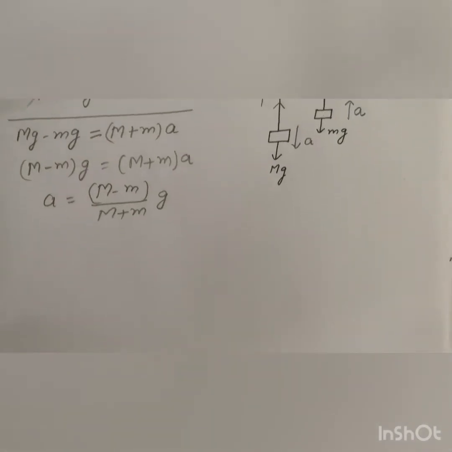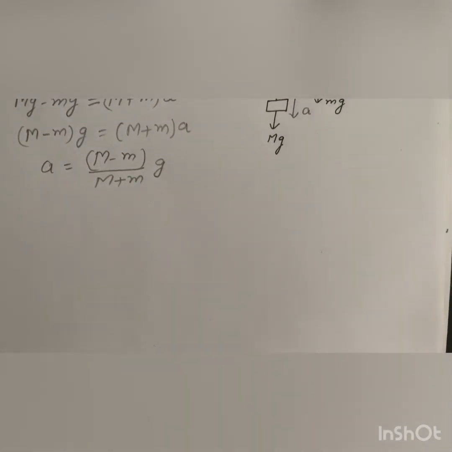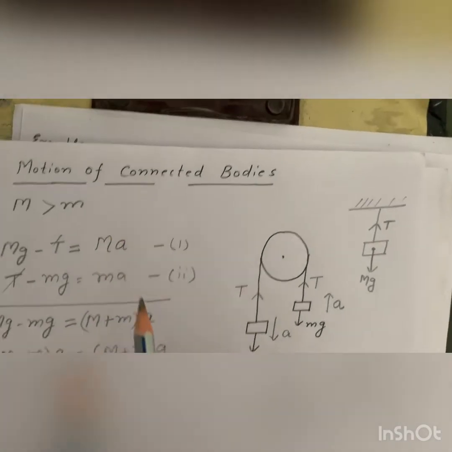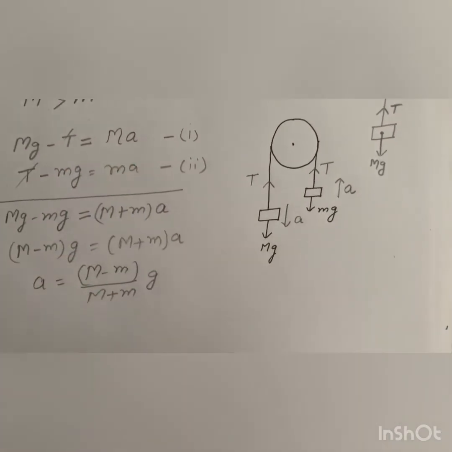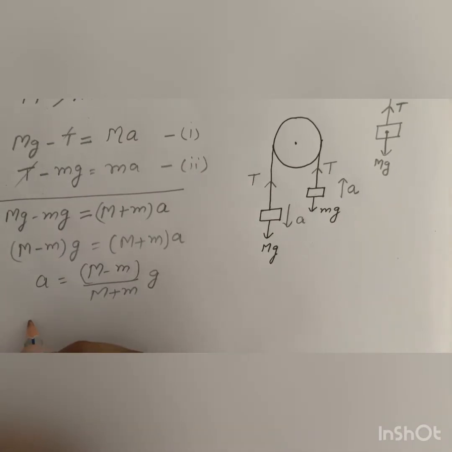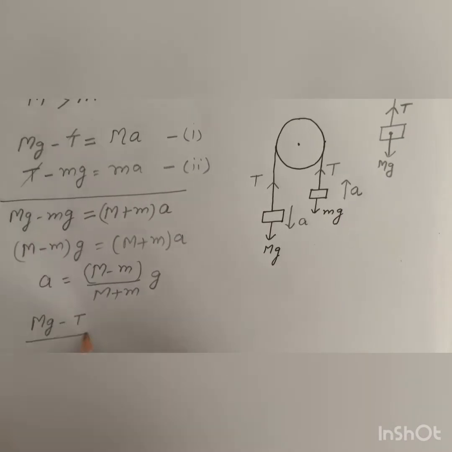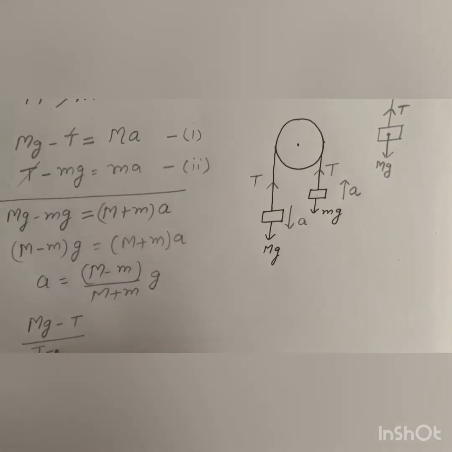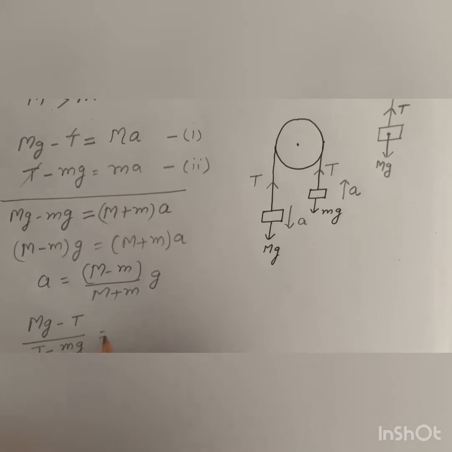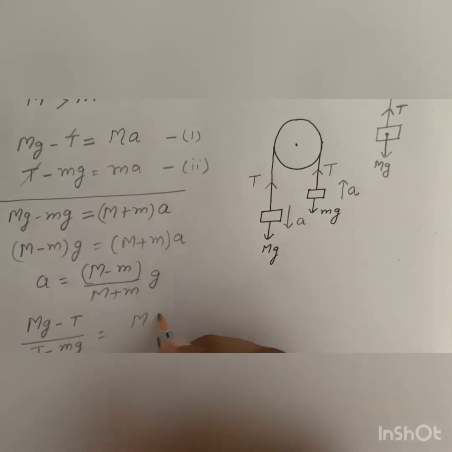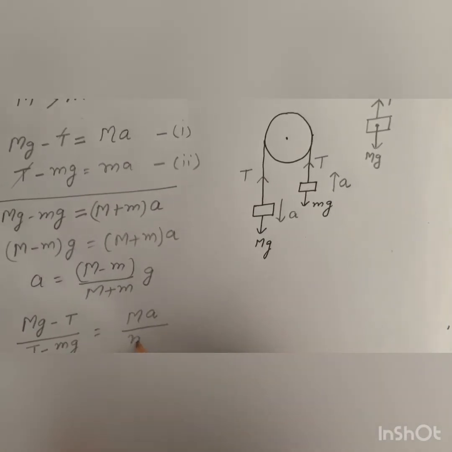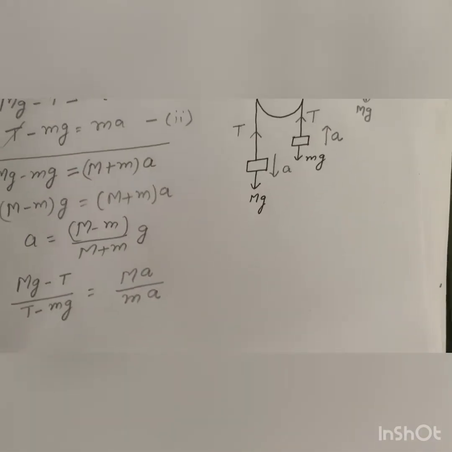Now we want to calculate the tension. Here we divide first by second. First by second, we get Mg minus T over T minus mg equal to Ma over ma.